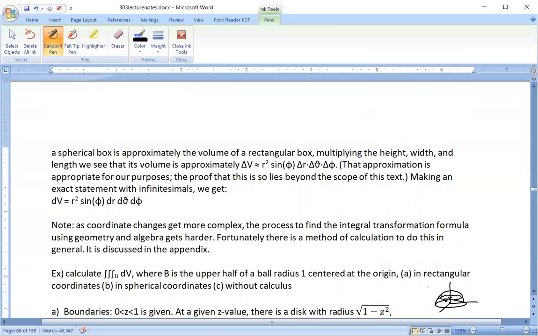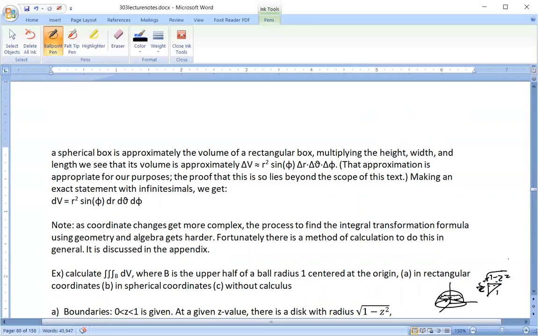Notice that it makes a circle, or a disk, I should say. And if this is the disk, notice that the height is z, the radius of the sphere is 1. So this side is the square root of 1 minus z squared, and that is the radius of that disk.